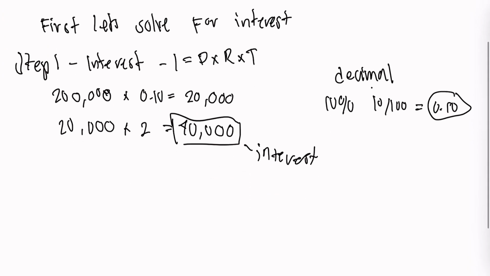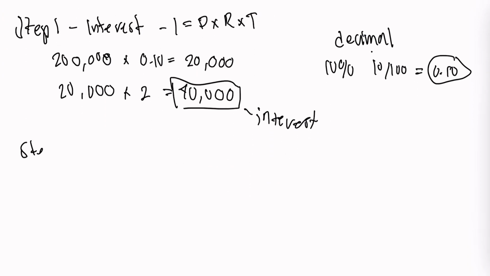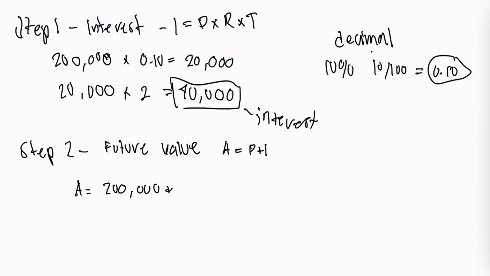For our step 2, we are going to find the future amount. To find the future value, we need the formula A is equal to P plus I. So A is equal to the value of our P, which is 200,000, plus the value of our I, which is 40,000, and equals 240,000.